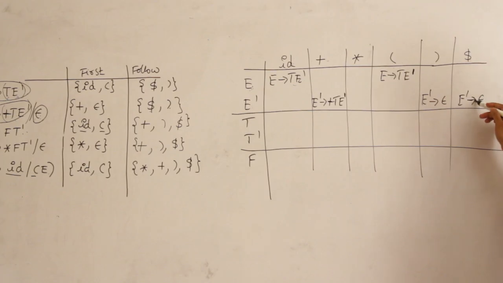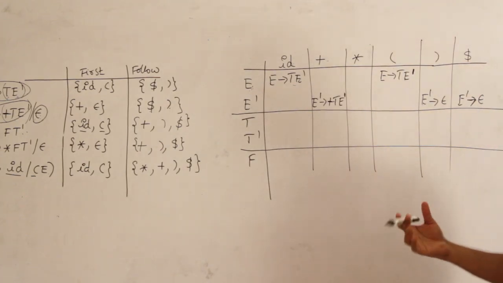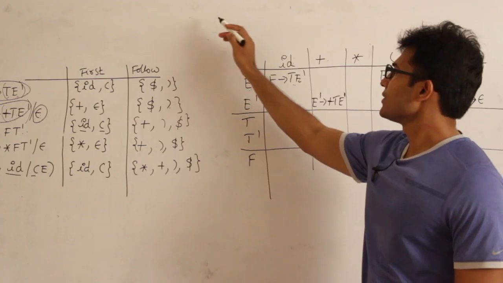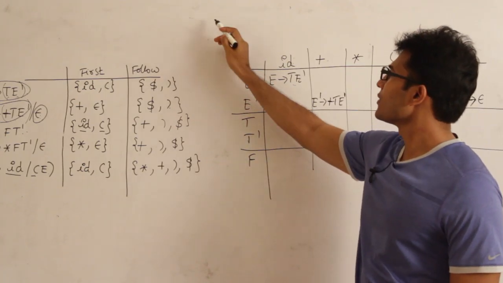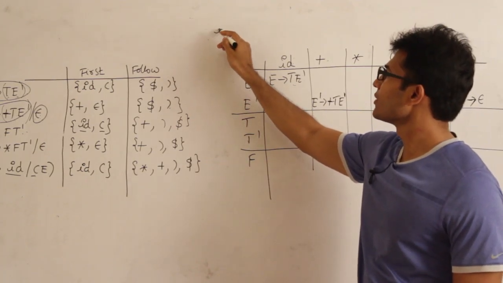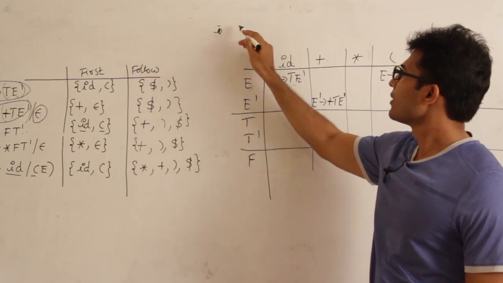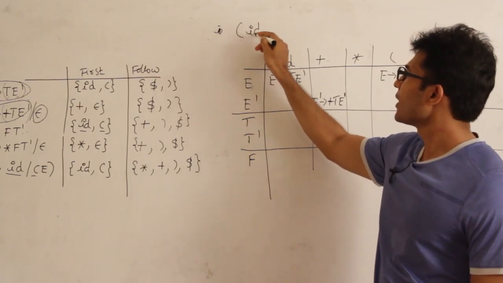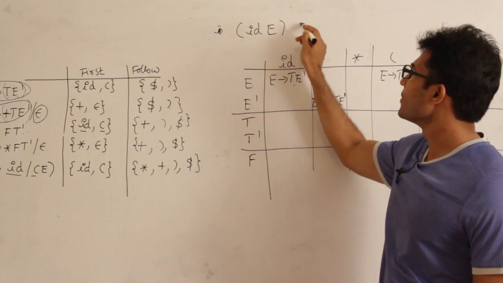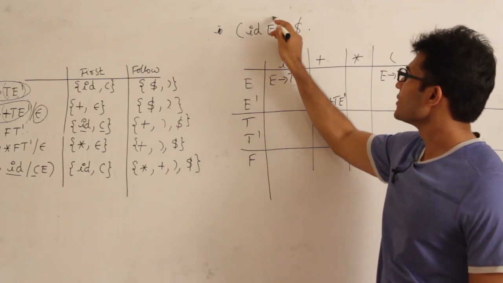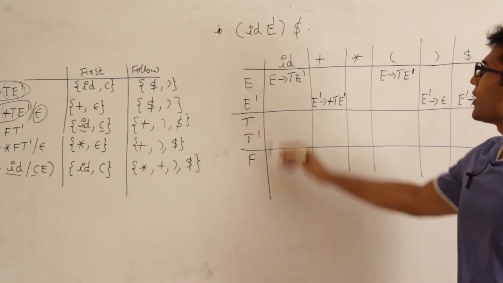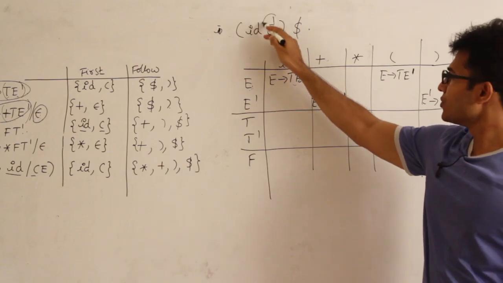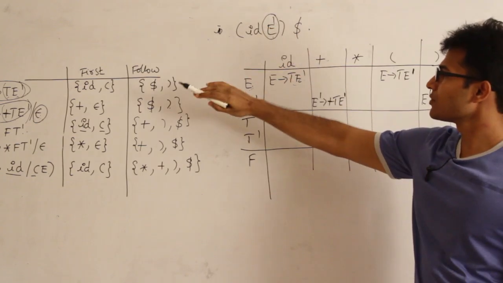So why are we placing it at this follow? Let us say in the derivation procedure I got something like ID E open brace and dollar E dash. Now I want to see what I should use for E dash, whether I could use epsilon or not.